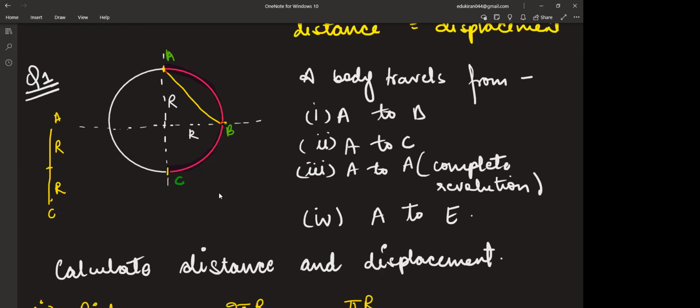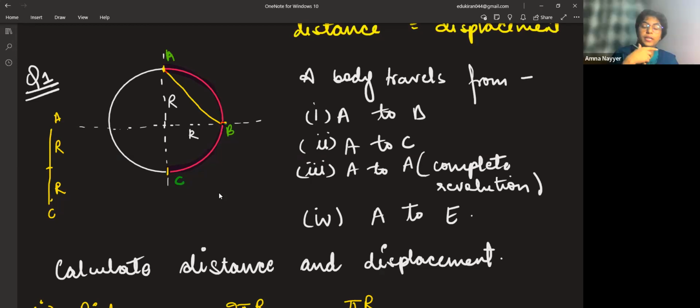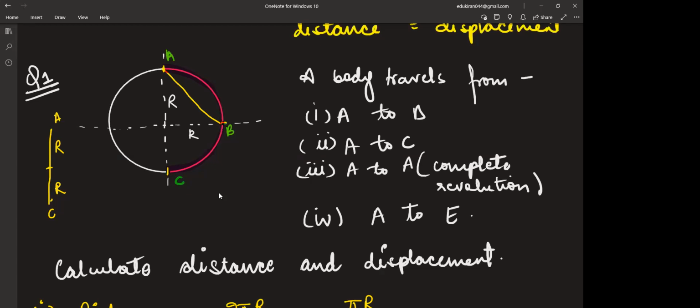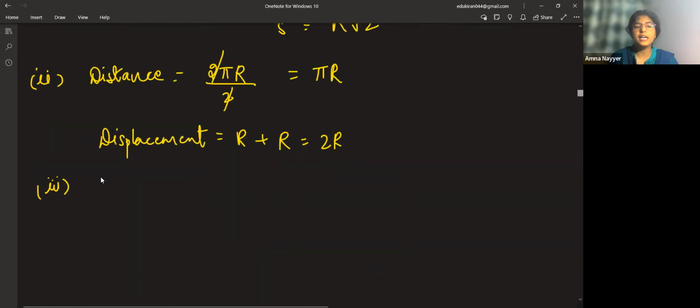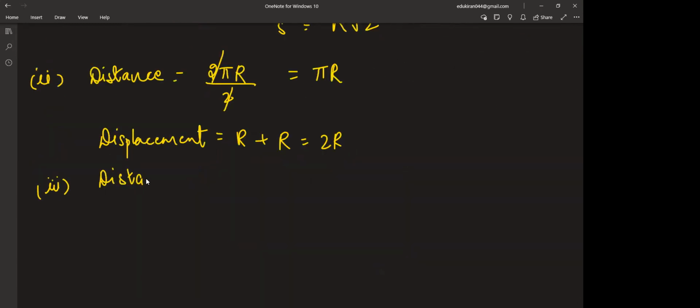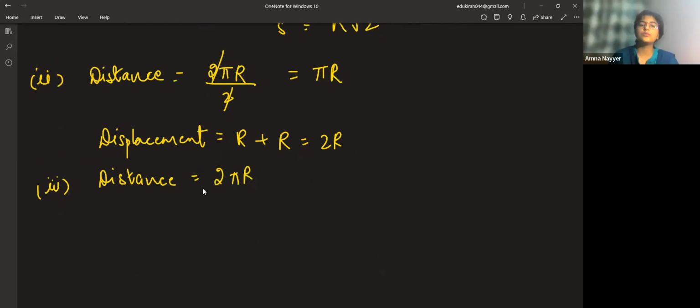A to A, right? The distance from A to A is 2 pi r. Very good. This is because the entire circle is now covered. So distance would become 2 pi r.